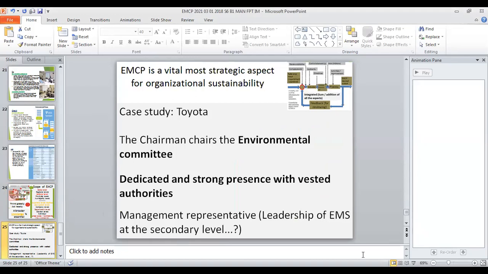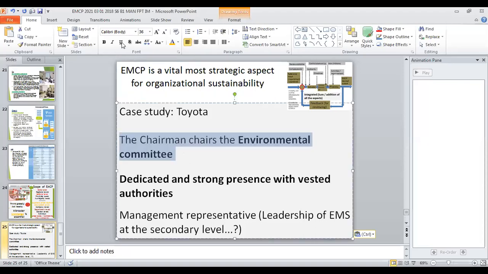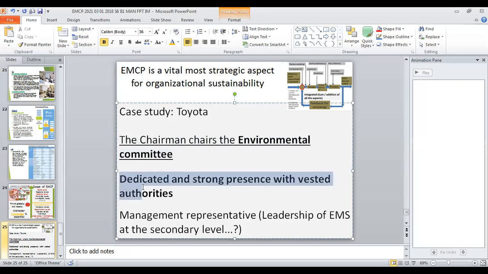The chairman chairs. It's in the system, no matter who the chairman is, he's supposed to chair this. The system is well arranged, 5 divisions, even environmental committees for separate plants. So the authority has a dedicated and strong presence.